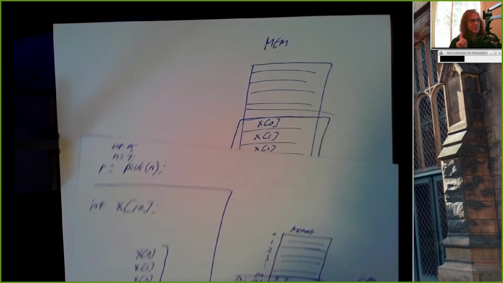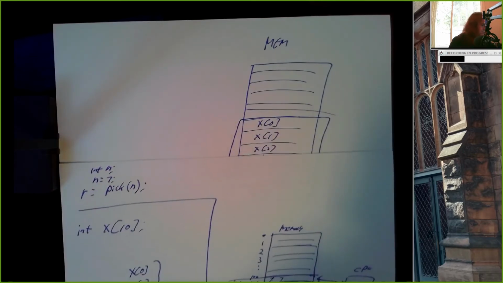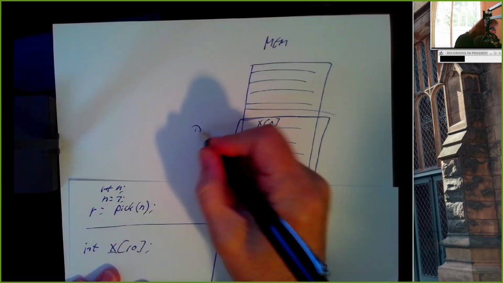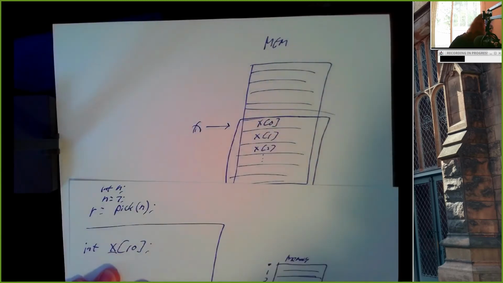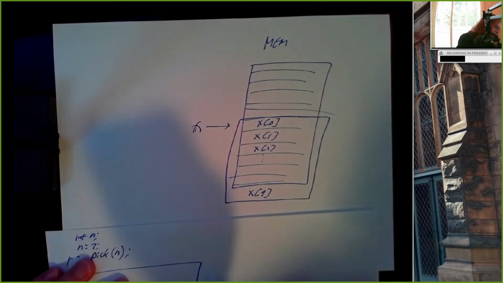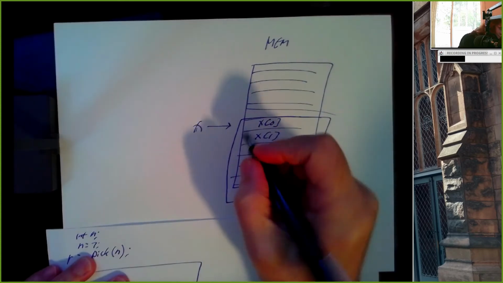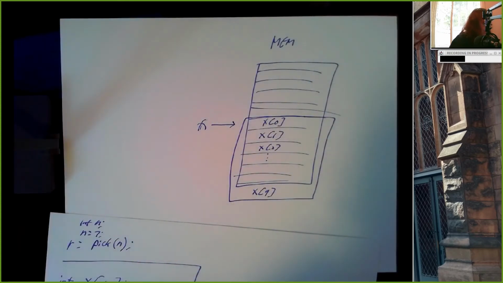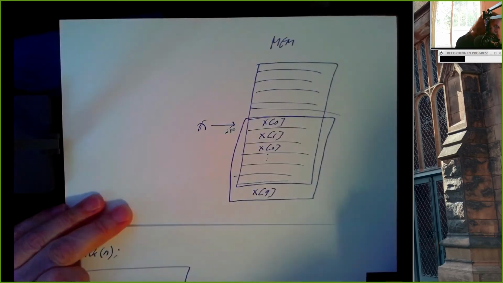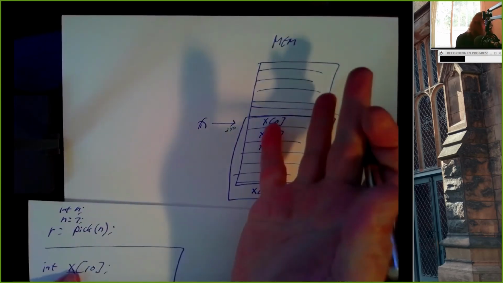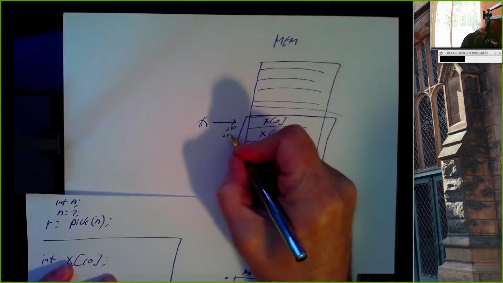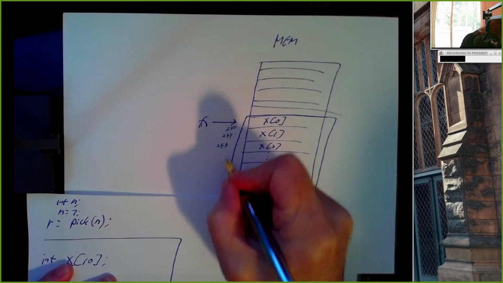The other thing it does, and this is one of the really weird things about C, is that x is given the address where that first number is stored. So let's say this array started at location 240. And since each takes 4 bytes to store, my next number would be at location 244, and then 248, and so on.